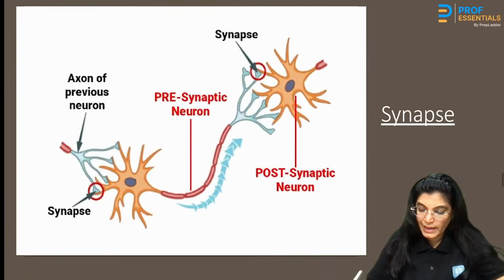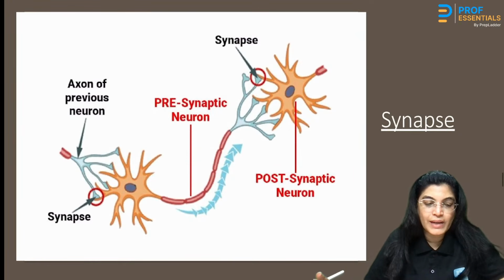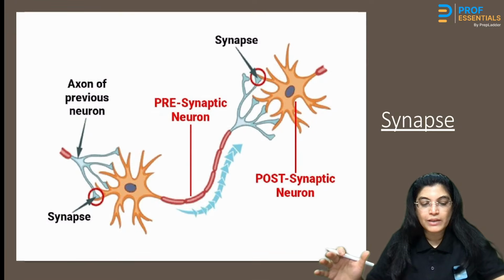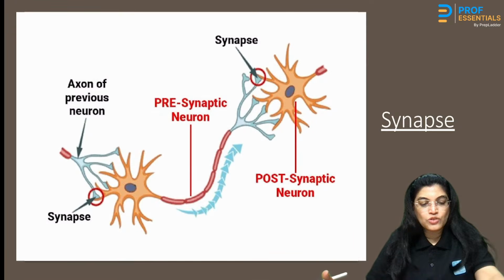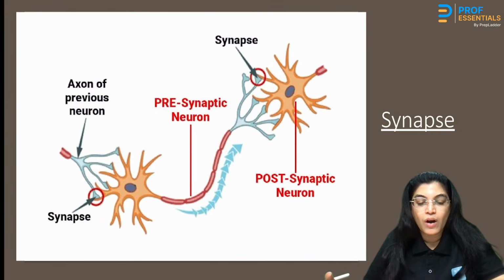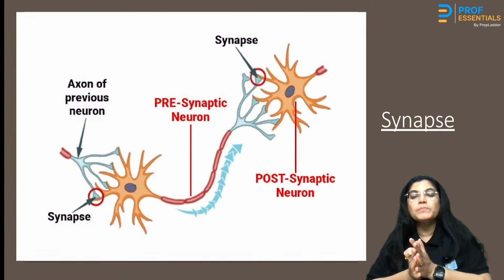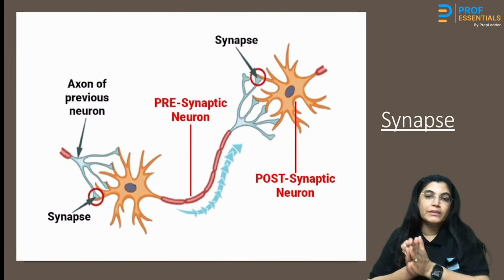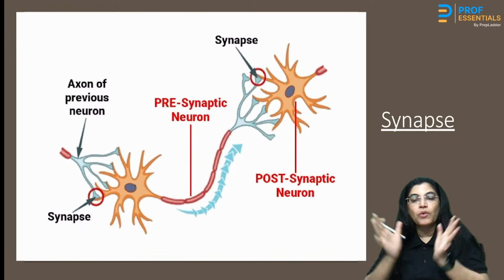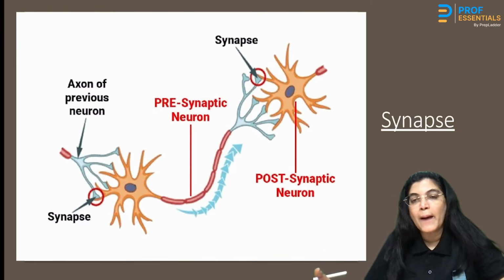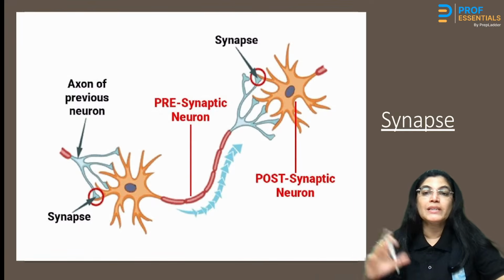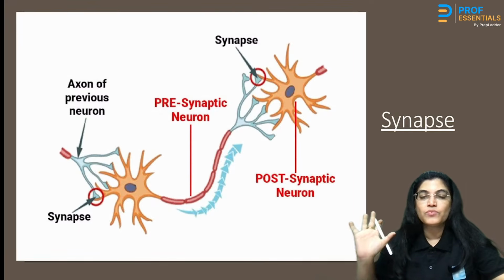The next important topic is synapse. It is a site of contact between two neurons. It is a contact happening between the two neurons for the transmission of information, that is called synapse. That is what you have to define.